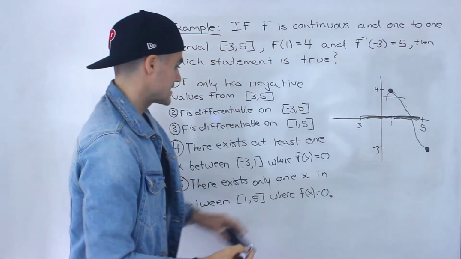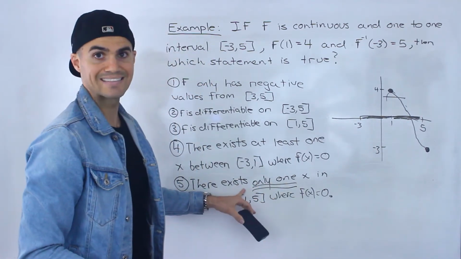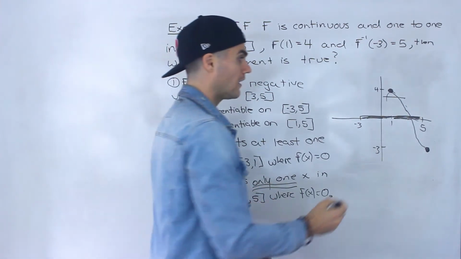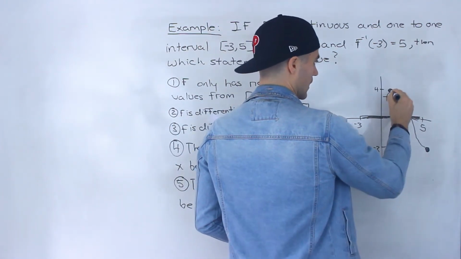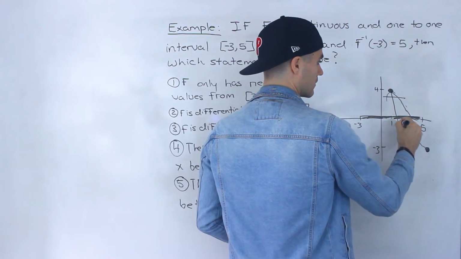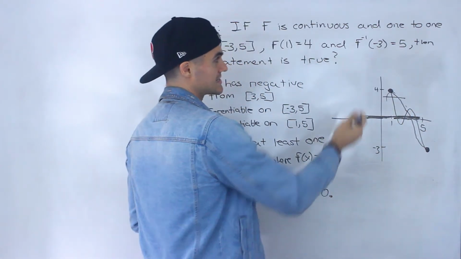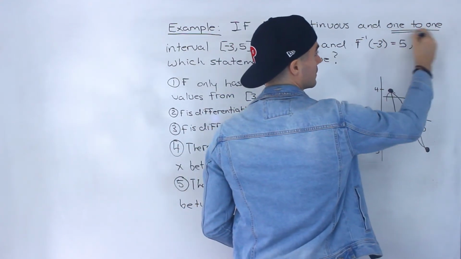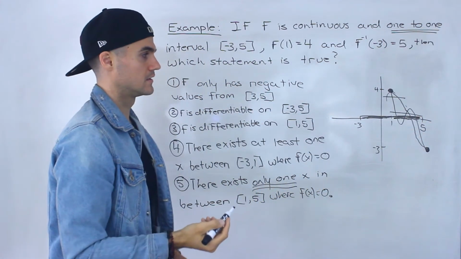Now, why is it only 1? Why can't it say at least 1? Well, it can't be a case of where there's going to be multiple crossings. Why is that? Because then the function wouldn't be one-to-one. It would fail that horizontal line test.